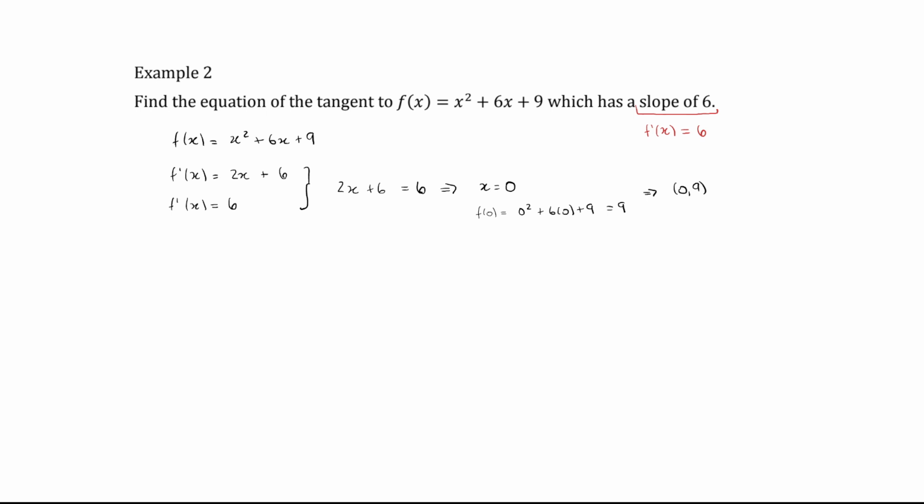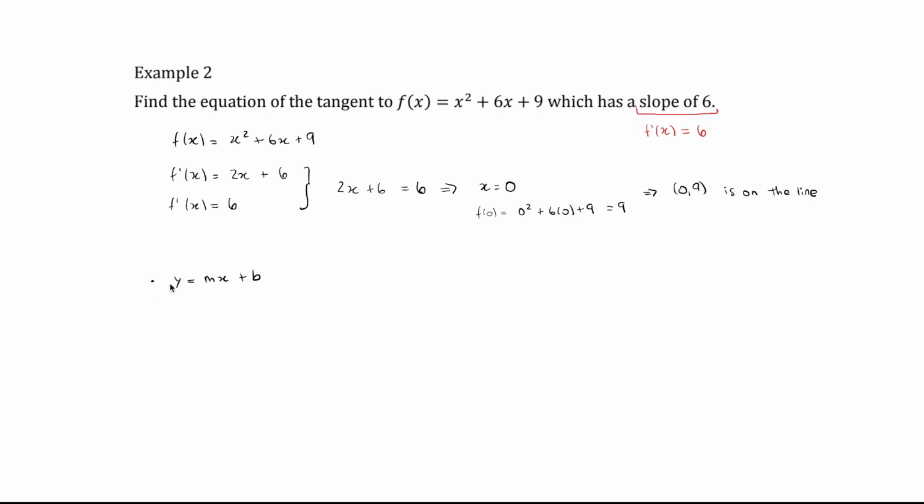And now I have the two things that I needed in order to find the equation of the tangent line. I have a point on the line and I have the slope of the line. Again, that is exactly what I need for the form y is equal to mx plus b.